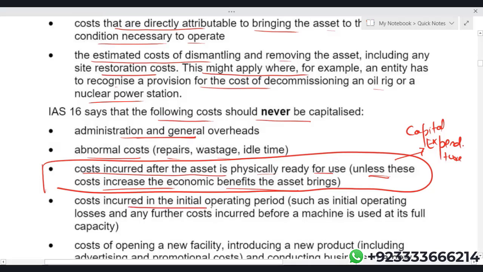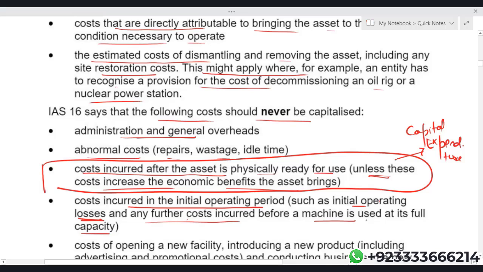Costs incurred in the initial operating period, such as initial operating losses and any further costs incurred before a machine is used at its full capacity, cannot be capitalized.